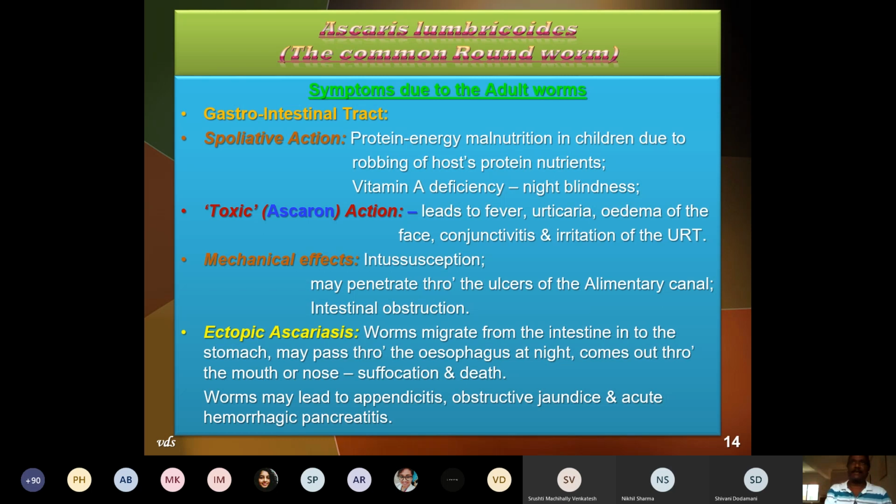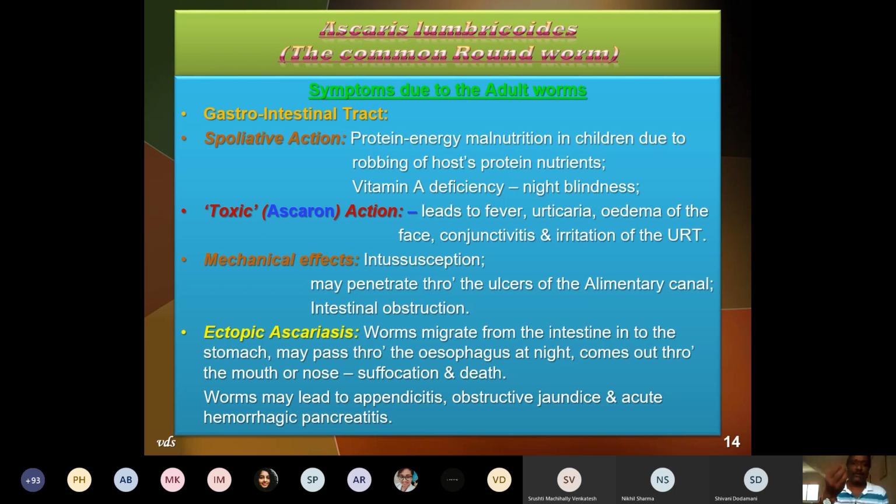So the death of the parasite inside the body of the host may lead to an anaphylactic reaction. But even if death does not occur, the parasite liberates toxic metabolites during its feeding. And these toxic metabolites may lead to an anaphylactic reaction, leading to fever, urticaria, edema of the face, conjunctivitis, and irritation of the upper respiratory tract. This is about the release of toxic substance from the body of the parasite.